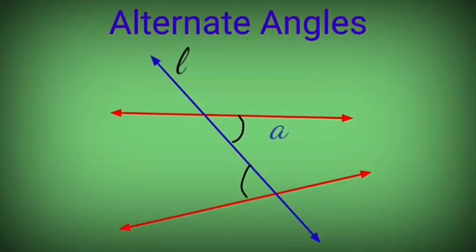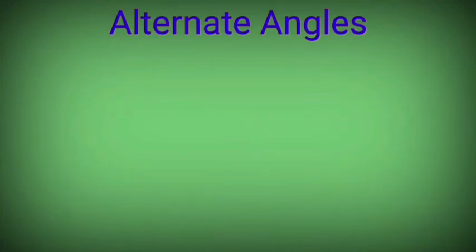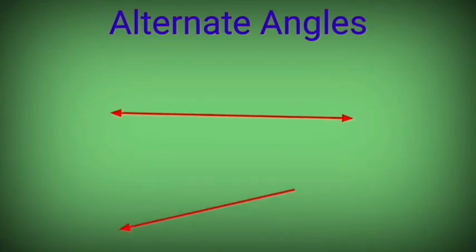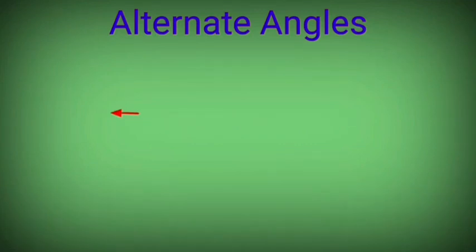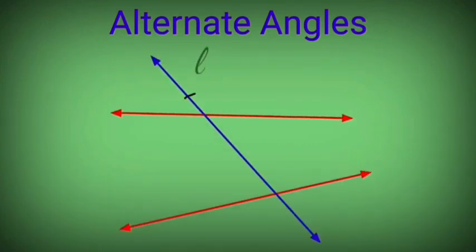Now let us see alternate angles. These are the alternate interior angles. These angles are also alternate interior angles. These are the alternate exterior angles.